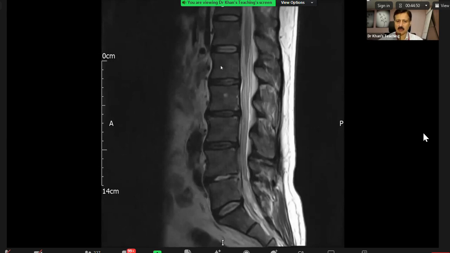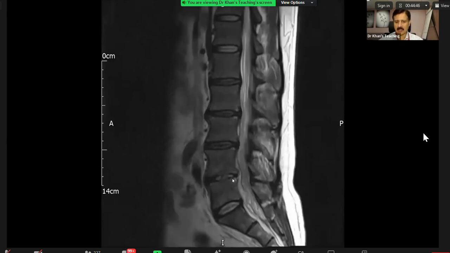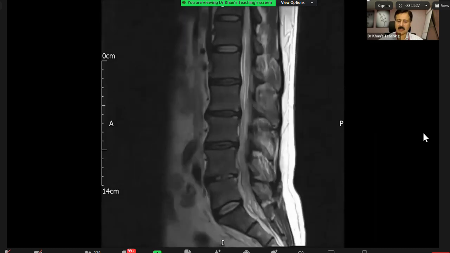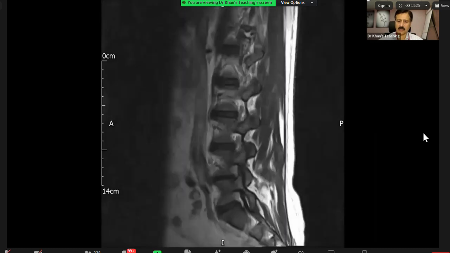It is more than even this. So this is abnormal. Retrospectively, if you go right and left, now you can see that something is sitting there and it is causing indentation of the thecal sac. The CSF is different. You are absolutely right. The whole of this Cauda equina is compressed, and they are sort of thickened nerve roots.